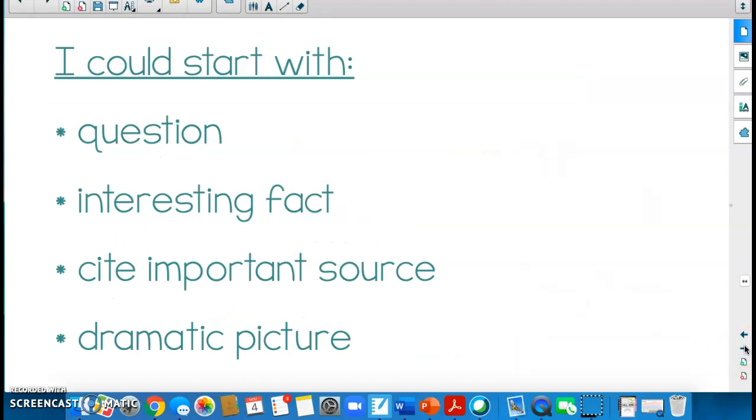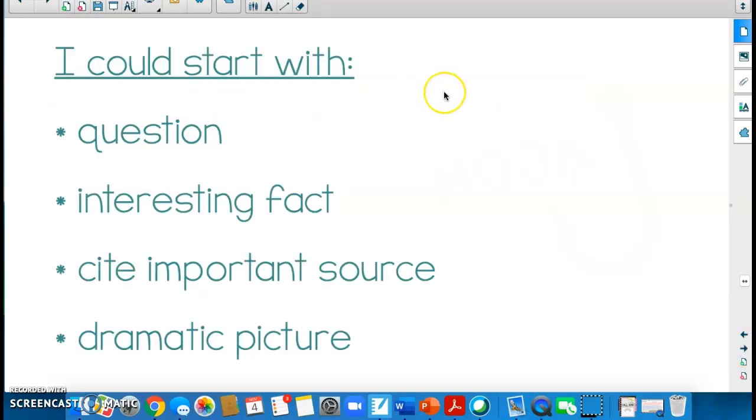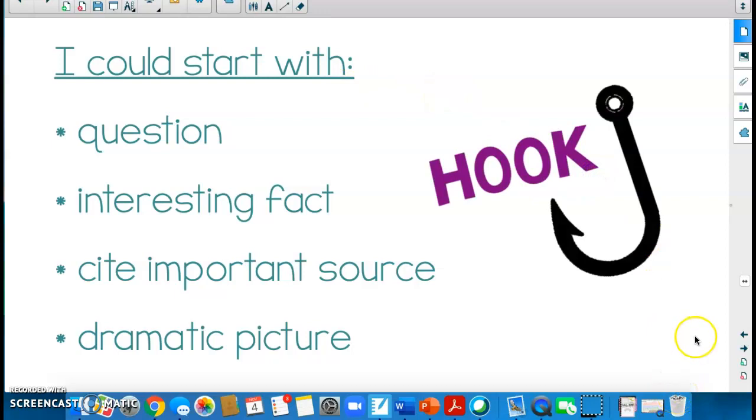So my first thing that I'm going to think about, because I want to get my reader interested in my topic, is to start with something that's going to interest them. This is called a hook. I want my readers to not want to stop reading my paper. So I could start with a question. Did you know?